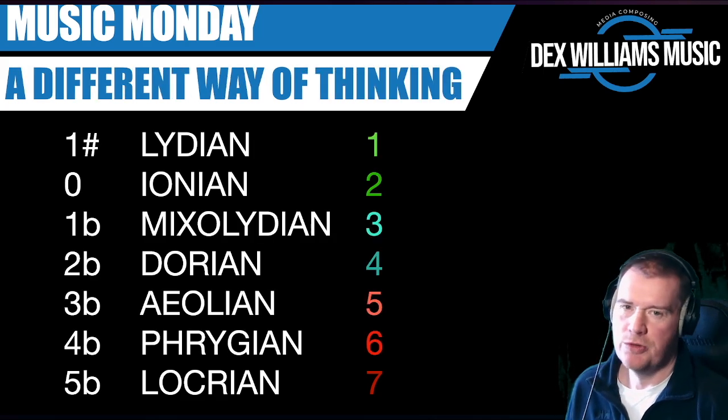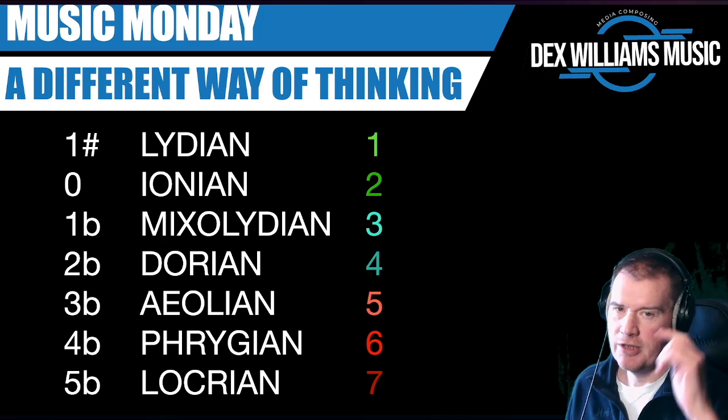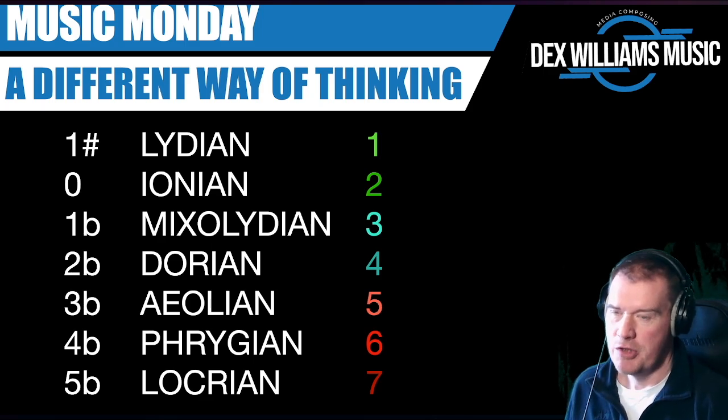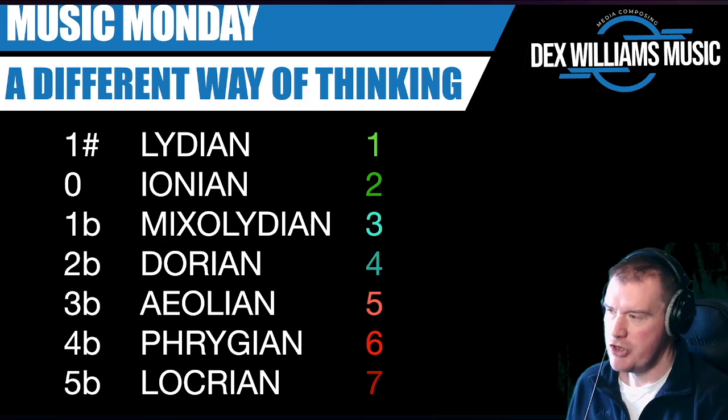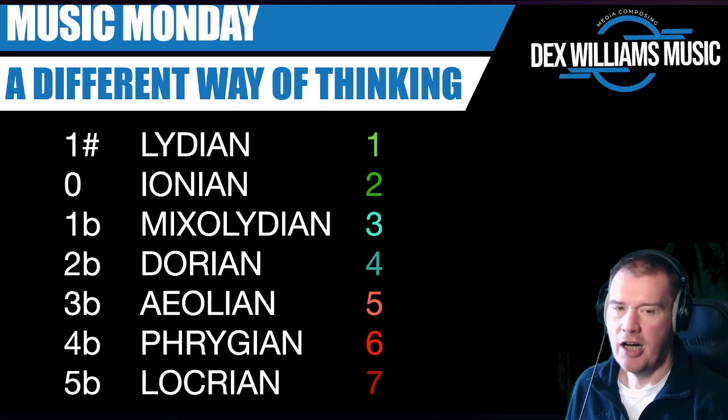What I've done is reordered things there. So now we've got the brightest mode, which is Lydian, at the top, and we've got the darkest mode, Locrian, at the bottom. On the left hand side, what I've done is shown you not which degree of the scale it is, but how many sharps or flats are changed from the major scale, the Ionian mode.